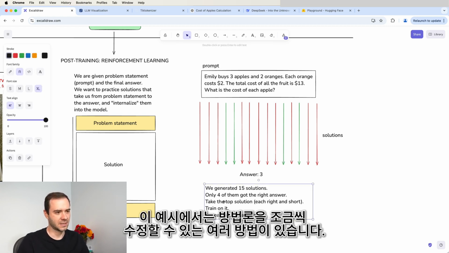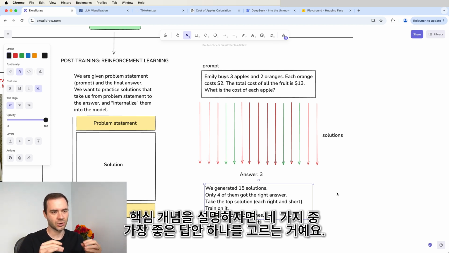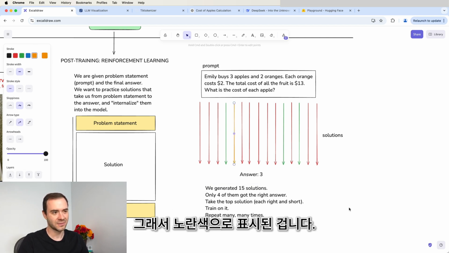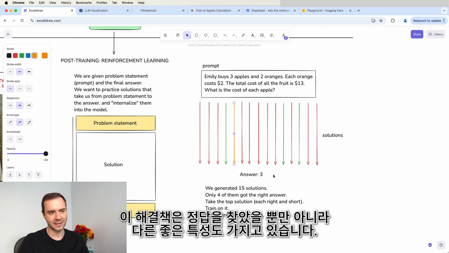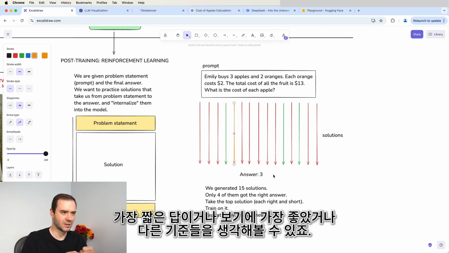There are many different ways to tweak the methodology here, but just to give the core idea across, maybe it's simplest to think about taking the single best solution out of these 4, like say this one, that's why it was yellow. This is the solution that not only led to the right answer, but maybe had some other nice properties. Maybe it was the shortest one, or it looked nicest in some ways, or there are other criteria you could think of as an example.